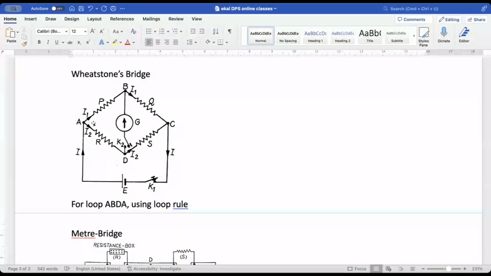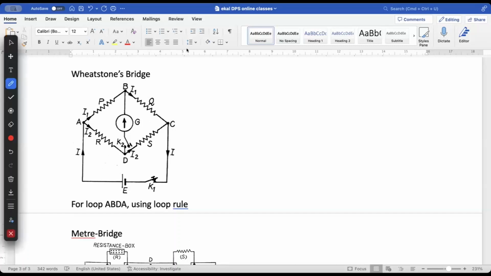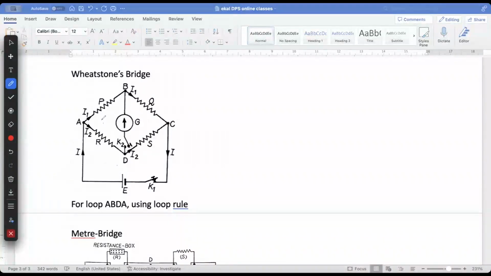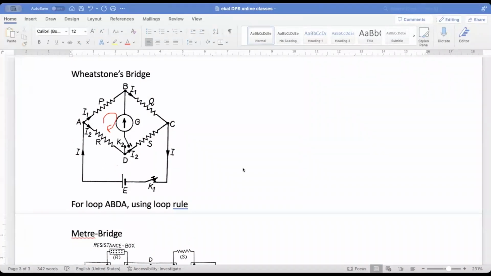I1P, so the direction is clockwise. Let me draw this. Let's say it is moving in the clockwise direction. So using the loop rule, we have I1P.